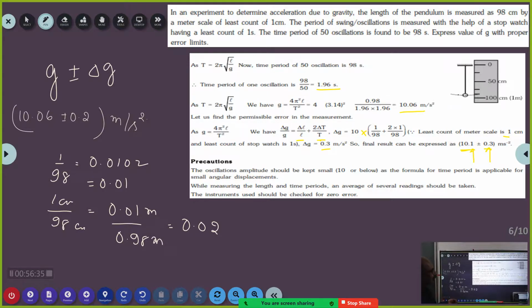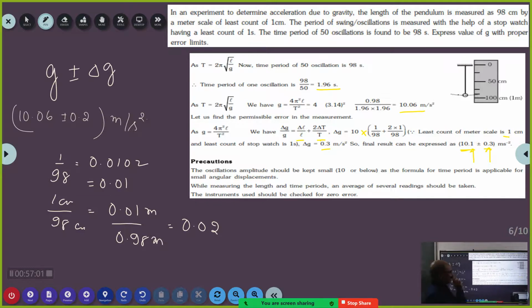Like time period of oscillation should be taken as T. That's a good question. But what is done here is also correct.